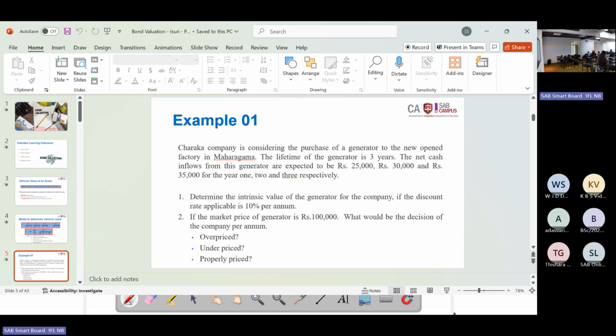So therefore, what should we answer? Since it is overpriced in the market, don't buy the asset. Or else the company should not buy the asset.